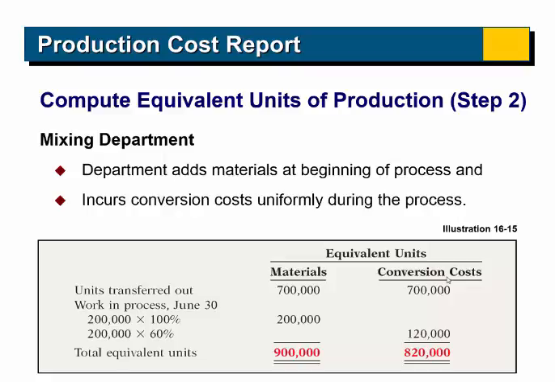Therefore, 700,000 equivalent units shows there. But those 200,000 units that are still in work in process are only 60% of the way as to conversion. So 120,000 is our equivalent units there, which brings us to 820,000 as to conversion costs. And these numbers are going to be the denominator for us here in just a moment.